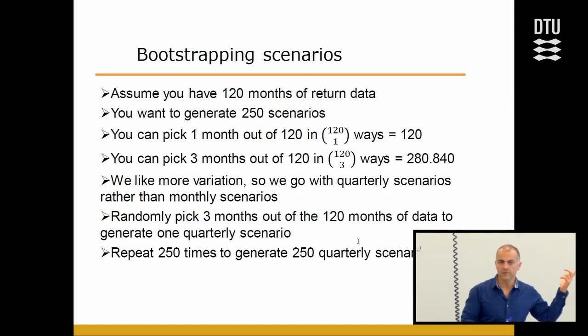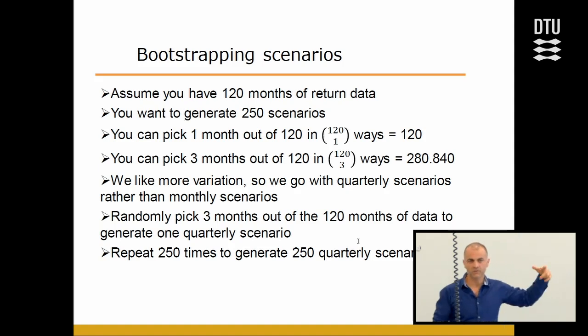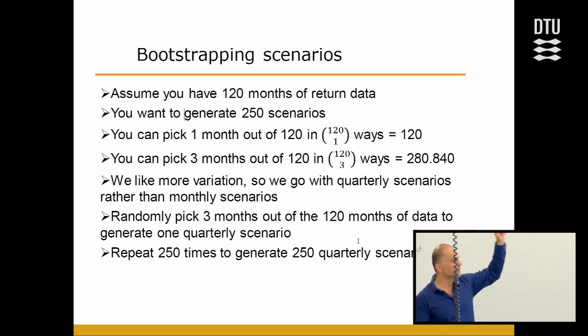You remember the formula for that? You can look it up on Wikipedia, but it's got something to do with factorials, right? So 120 factorial divided by 3 factorial multiplied by 120 minus 3 factorial, something like that. But it doesn't matter.